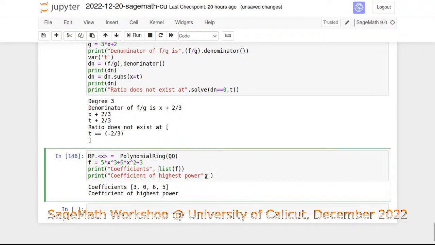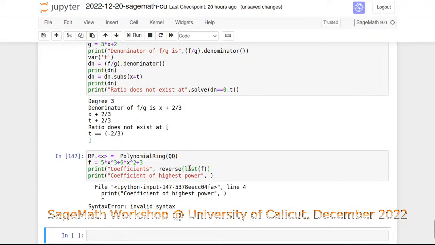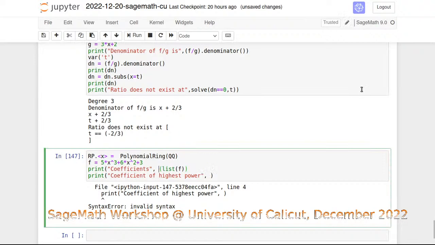Therefore, if we ask for the coefficient of the highest power, and we list this f, the first coefficient is actually the coefficient of the last one. Therefore, if we reverse, what will happen? Will reverse work? I am forgetting that command for reverse. What exactly is that?